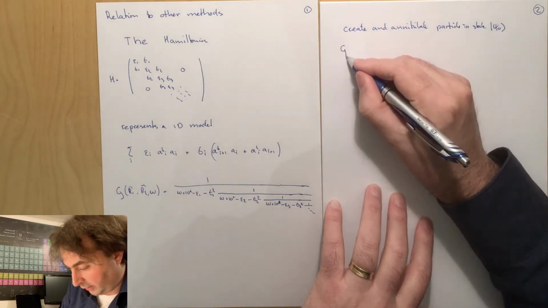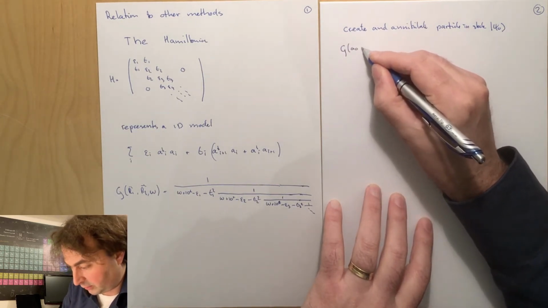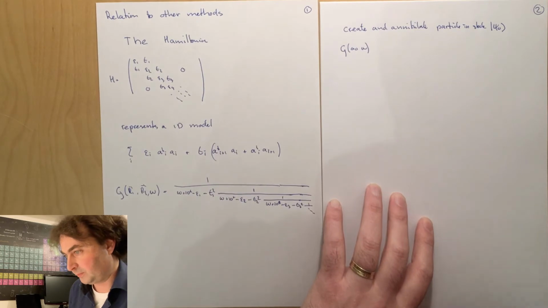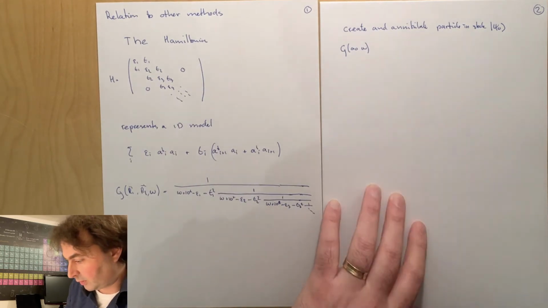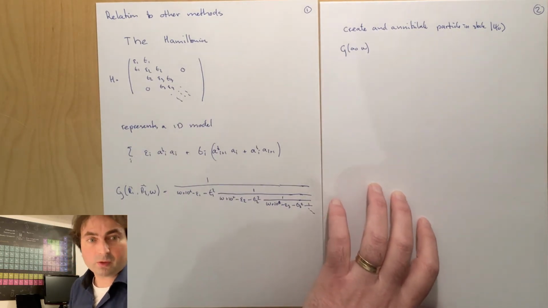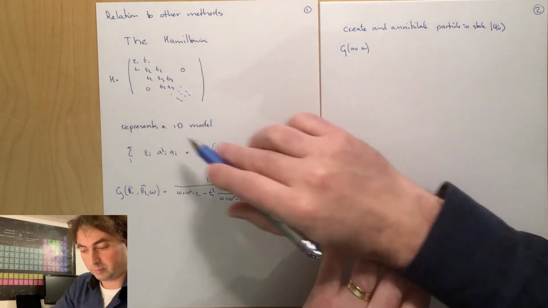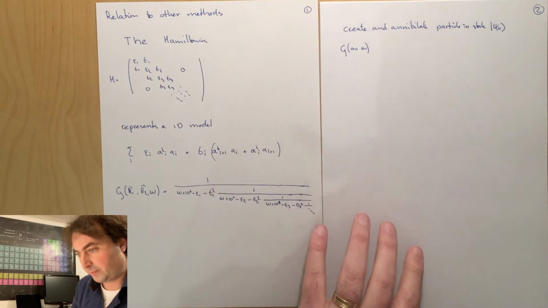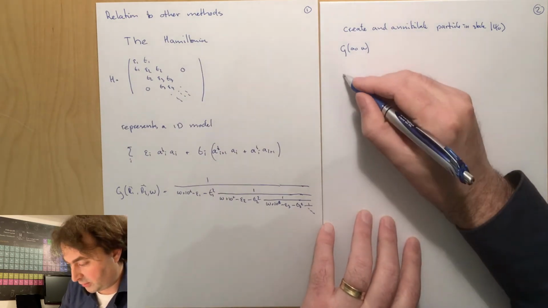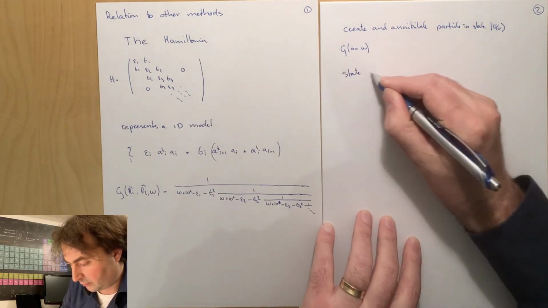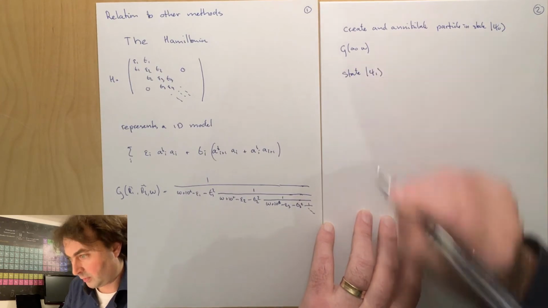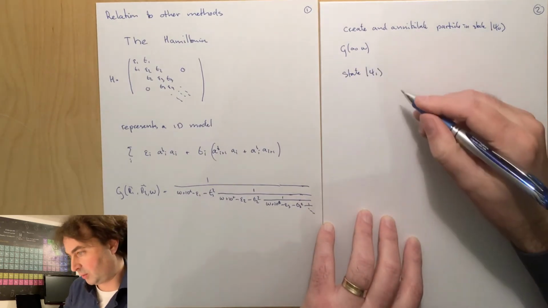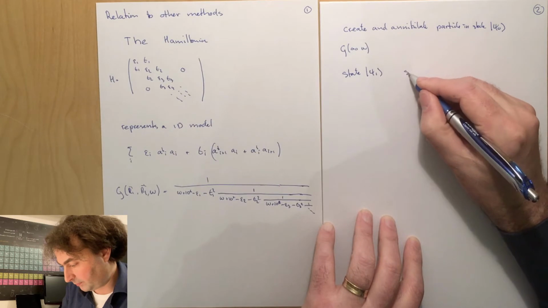So we look at G_00 of omega. Now we want to generate a Hamiltonian of this form. So we want to look at a new state, which we can call state 1. And we want this state to have a few properties.